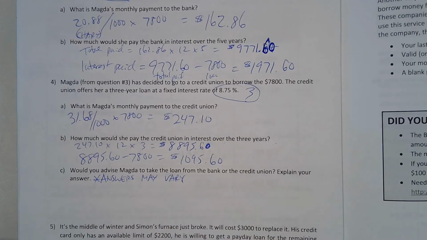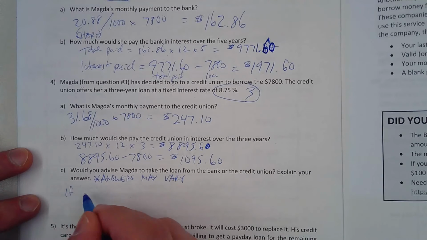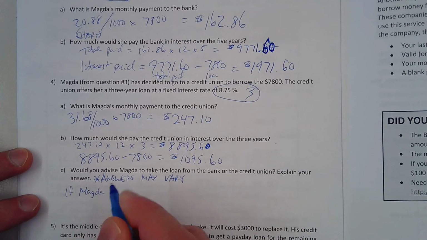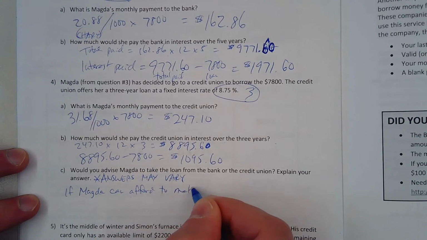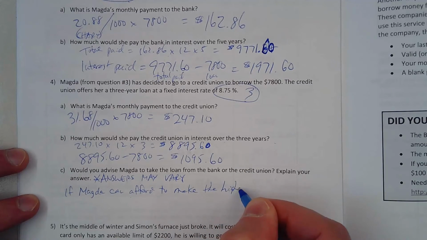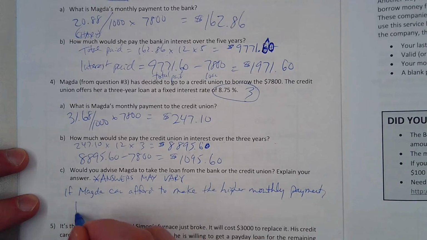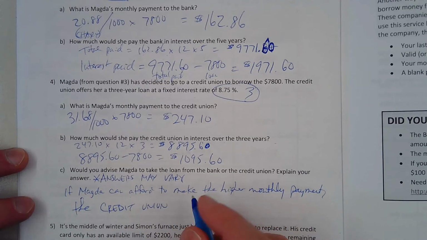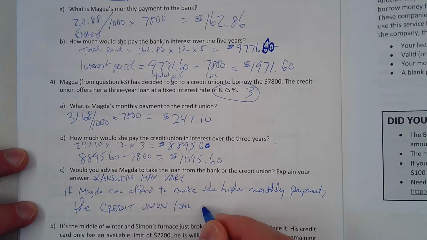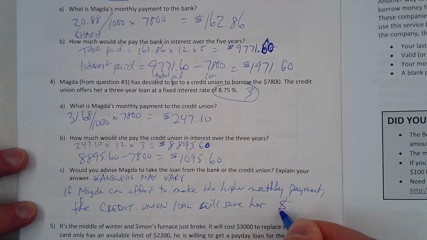Which means there's no one right answer, but one possible answer that you would certainly be given credit for would be to say that if Magda can afford to make the higher monthly payment, the credit union loan will save her money.